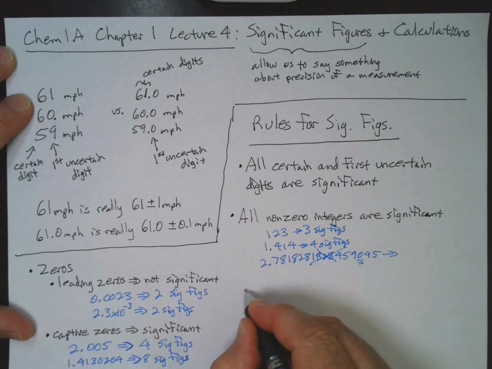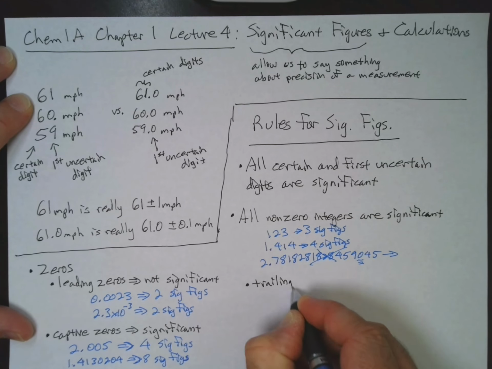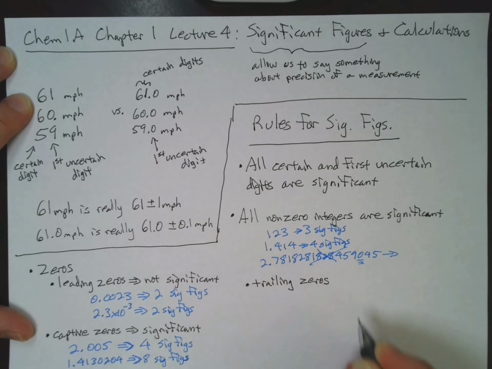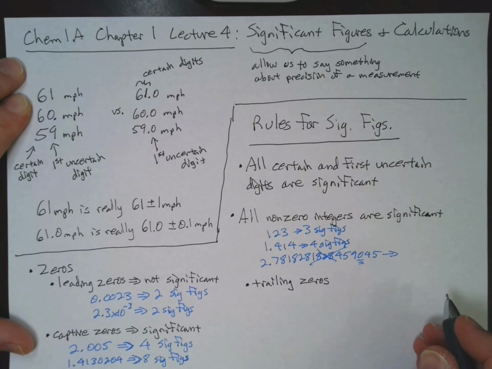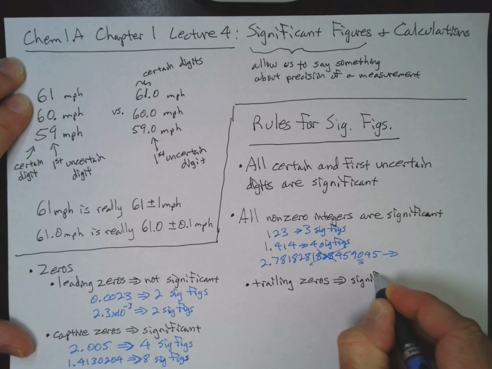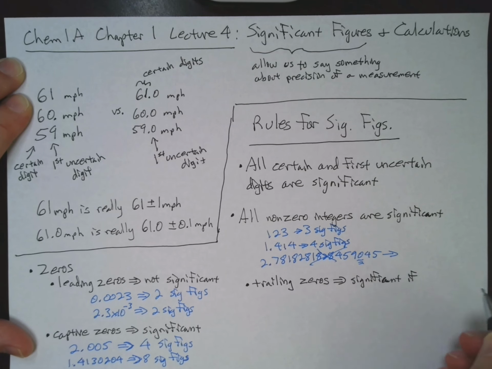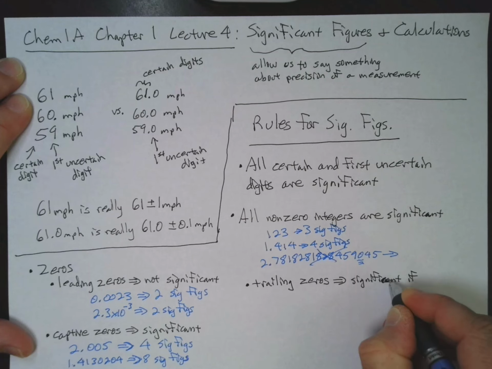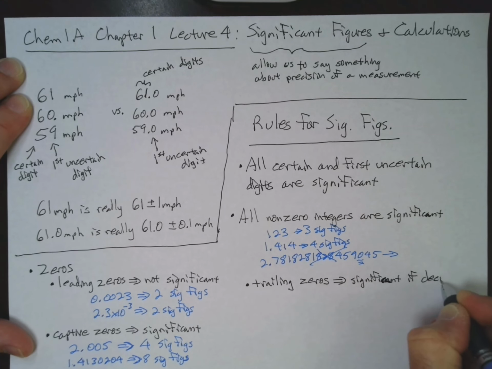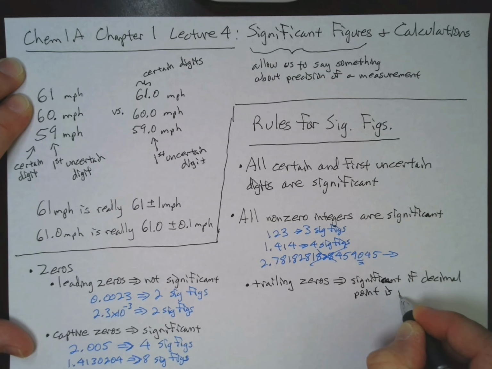Next, we have trailing zeros. And trailing zeros are significant if a decimal point is present.